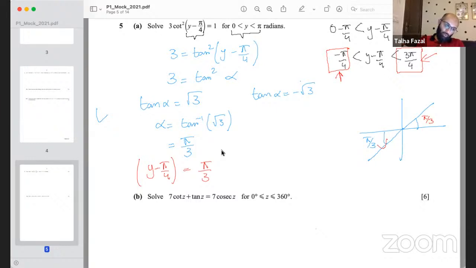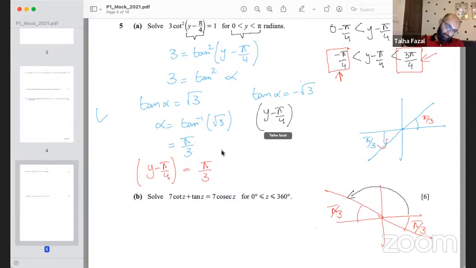Now I need to do it for the negative quadrant. So tangent is negative here and here. So this angle is pi by 3 and this angle is pi by 3. Now when I try and measure the angle from here all the way up to here, this will be 2 pi over 3. And I won't be able to get the other angle because it actually goes outside the domain.